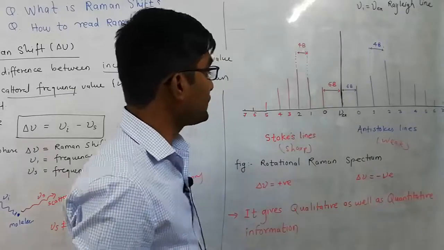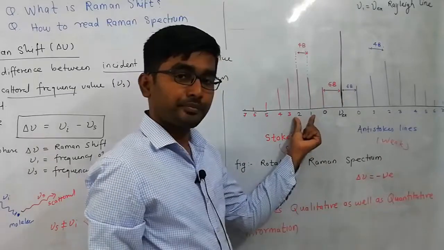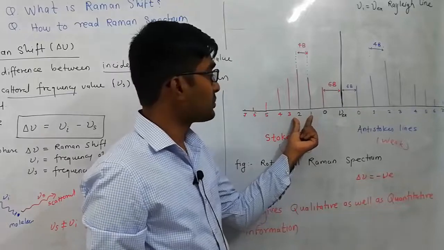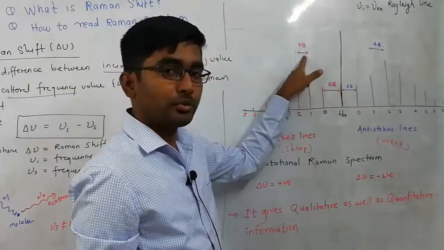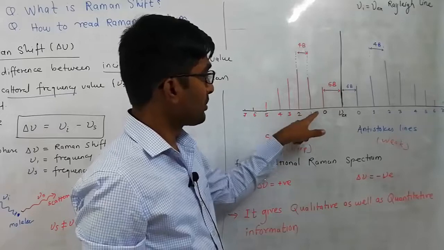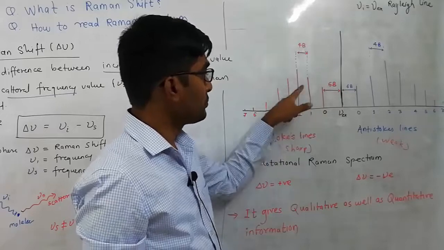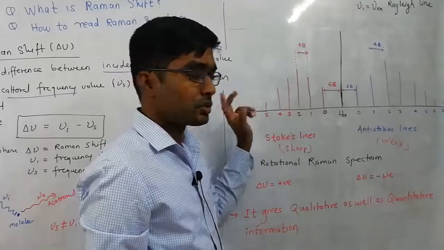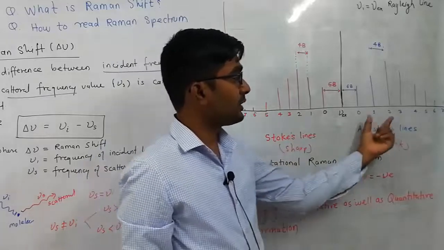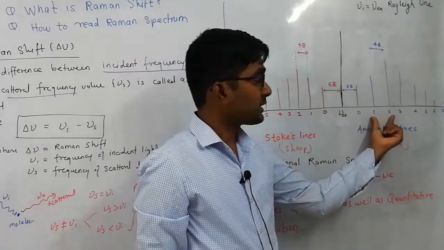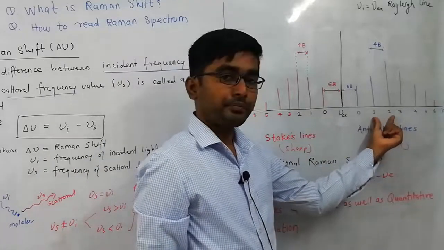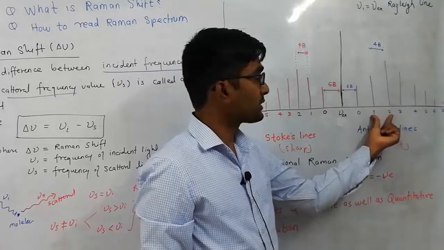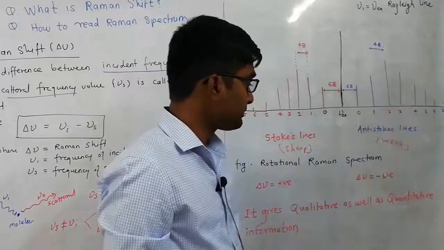The distance between any two Stokes lines is how much? It is 4B. From 0 to 1 it is 4B, 1 to 2 is 4B, 2 to 3 is 4B, and so on. Similarly, the distance between any two anti-Stokes lines is 4B.